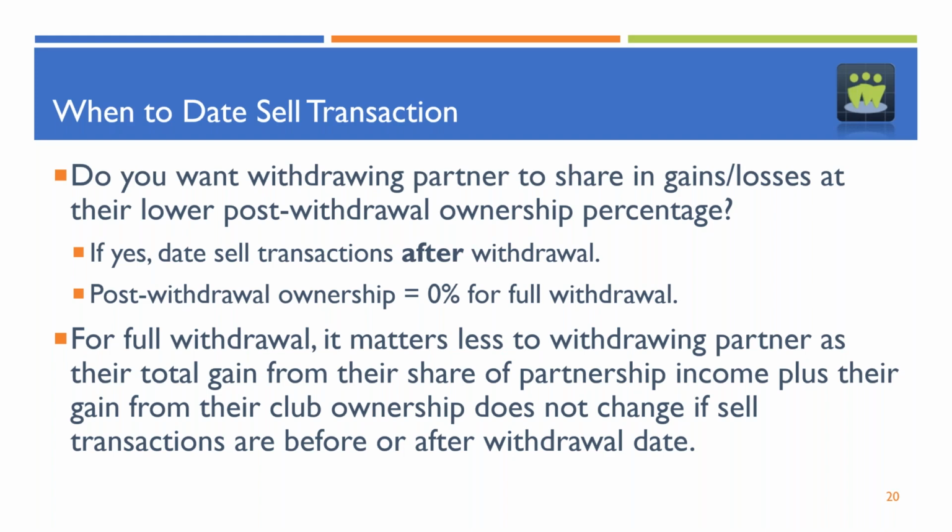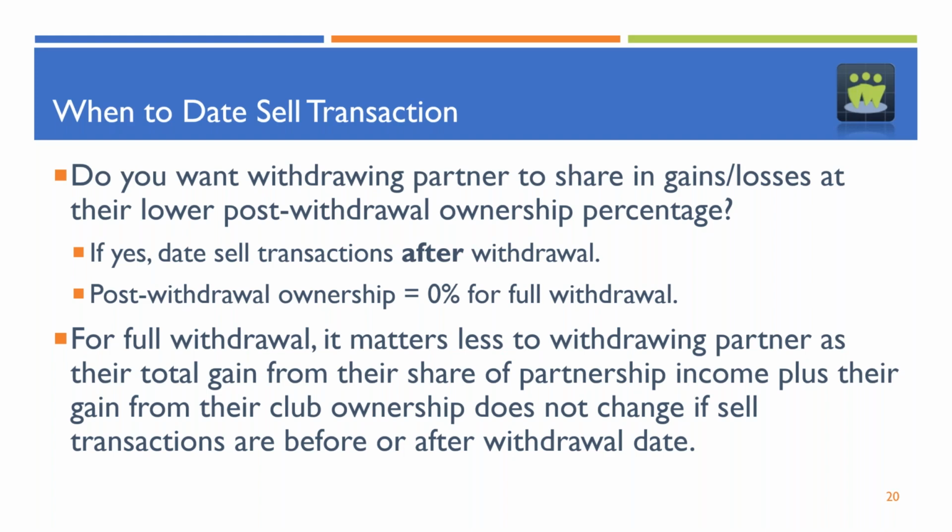Then date any sale transaction after you enter the withdrawal. A reminder, post-withdrawal ownership for a full withdrawal is 0%. So those members who are fully withdrawing will not have any share of gains or losses or other income, dividends, that is dated after their withdrawal.